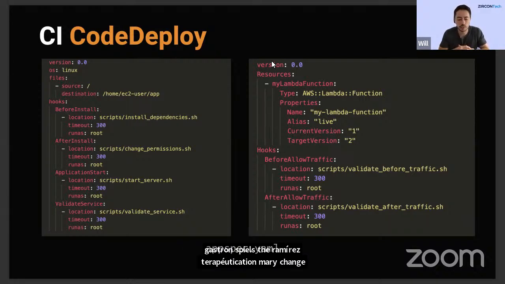And on the right side, we have the deployment configuration for a Lambda function. We tell CodeDeploy to perform an update to our Lambda functions and switch versions. And we can also trigger, in this case, scripts to maybe validate our Lambdas are working as expected. So at the end, the details of these files will depend on the running configuration you have. If it's ECS, it will look a bit different and so on, right?